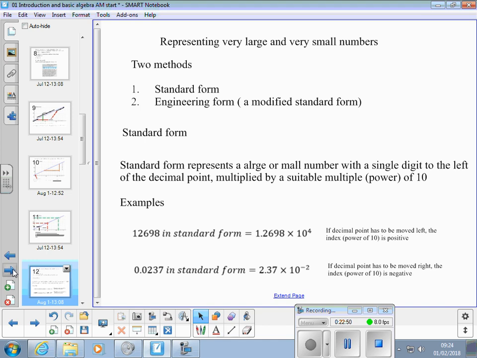So 12698 in standard form is 1.2698 times 10 to the 4. If we were to have that in engineering form, it would be 12.698 times 10 to the 3, which is kilo, whatever the units are.